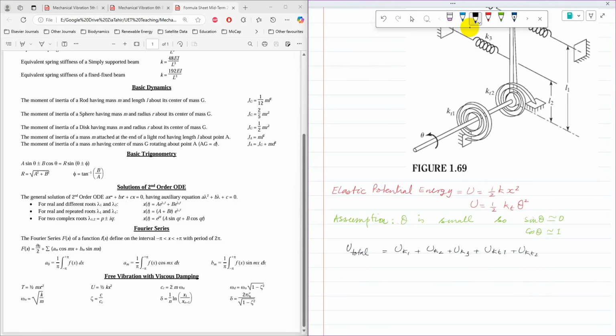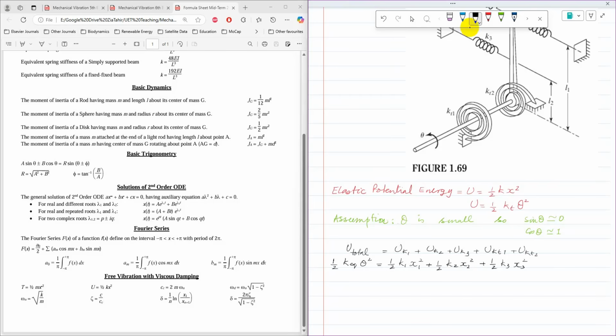So the total potential energy is equal to the potential energy due to springs K1, K2, K3, and then due to rotational springs Kt1 and Kt2. U total is half into K equivalent into theta squared, and U K1 is half K1 into x1 squared. I am assuming that the translational displacement for spring K1 is x1, then half K2 x2 squared, then half K3 x3 squared.